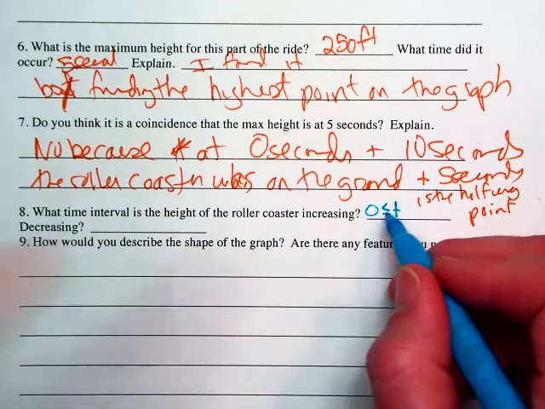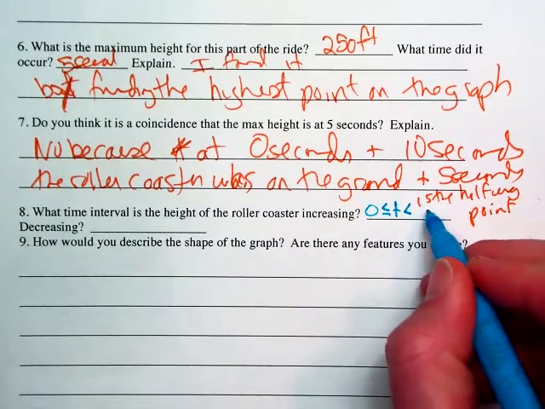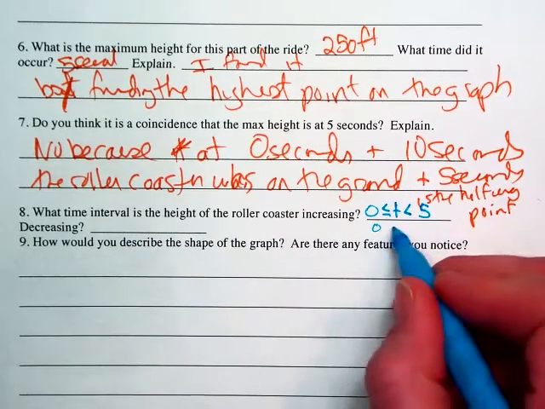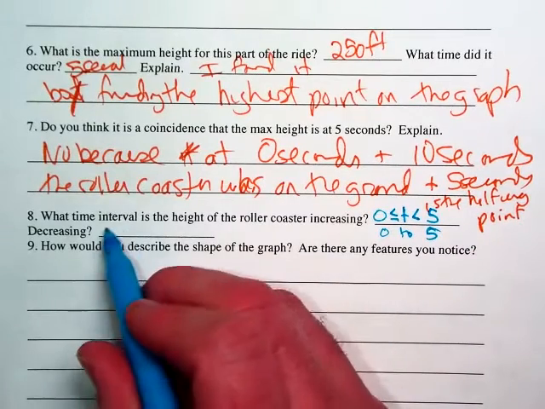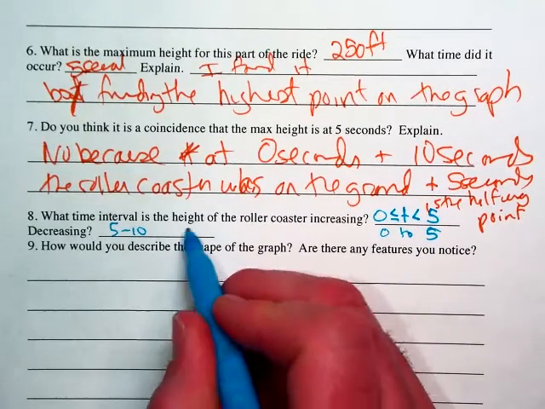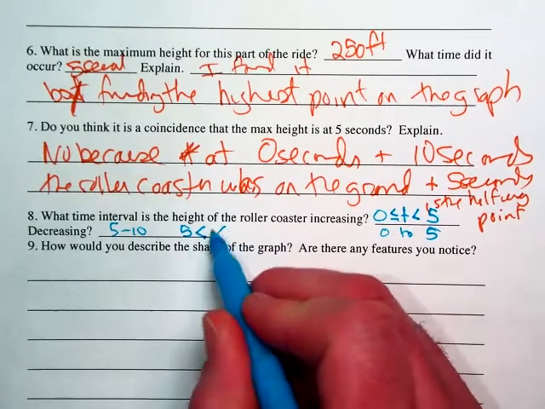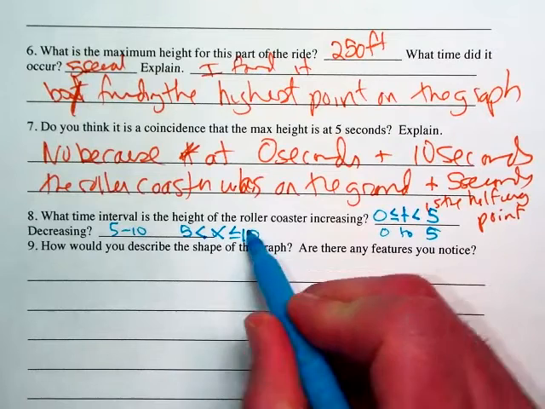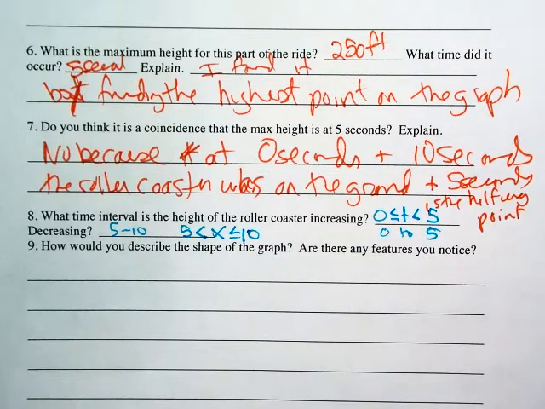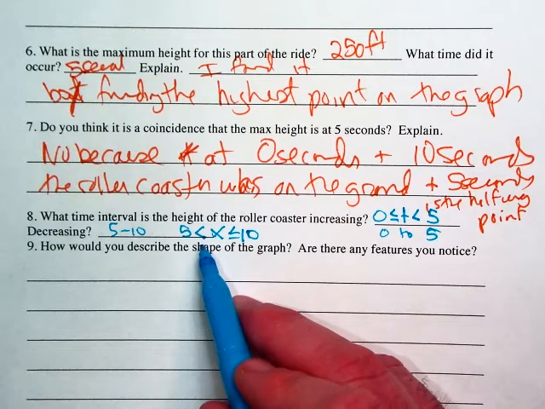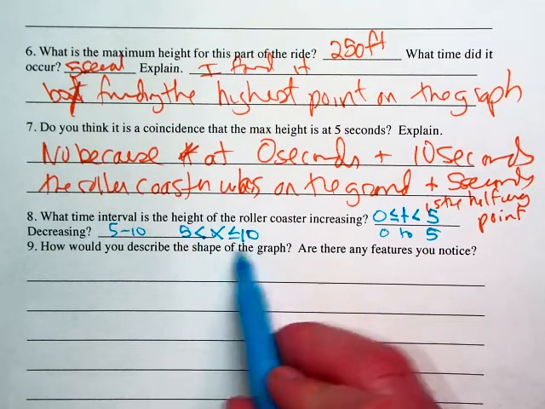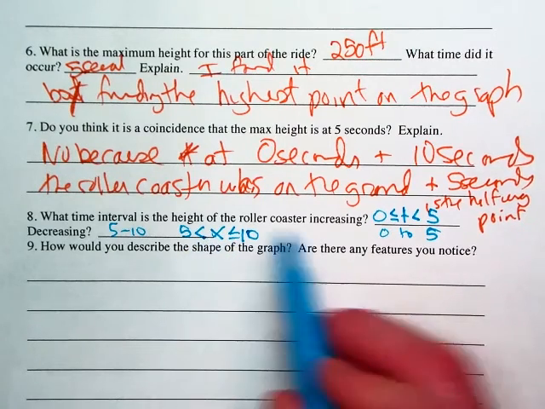And then from decreasing, you could have said from 5 to 10, but you might have written it 5 is less than x, which is less than or equal to 10. You might notice I don't put the little line underneath, because some students always argue whether the roller coaster is kind of at 5, it's like that switching point. So instead of saying less than or equal to 5, I would just say less than, because at 5 it might be like neither increasing or decreasing. It's kind of at the level.